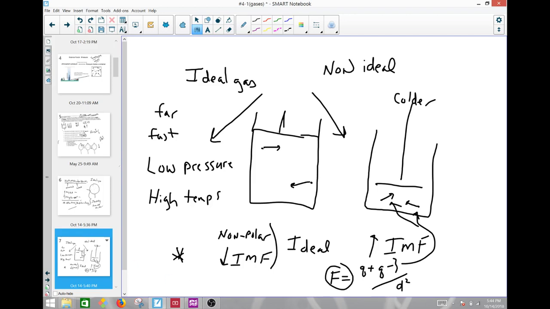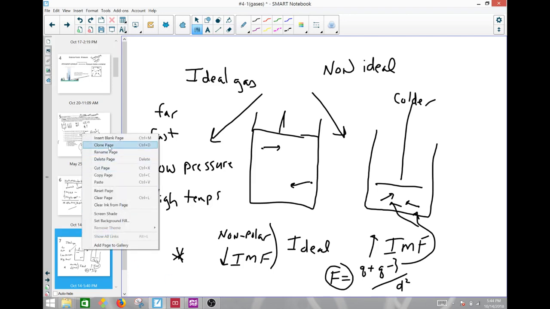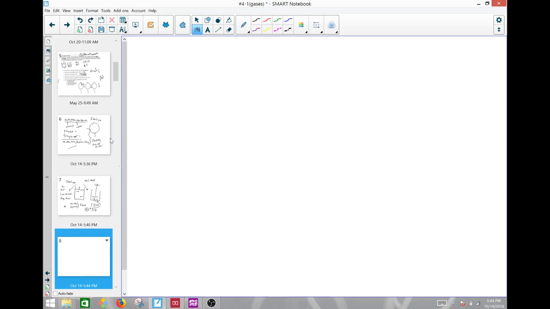Again, let's try another little example. This came up in the last couple of years. If we have a container and we're compressing it, I'm taking this and jamming it down into a smaller and smaller area.